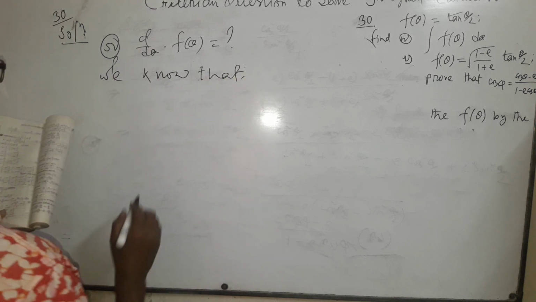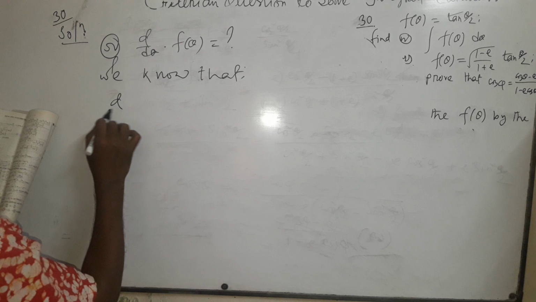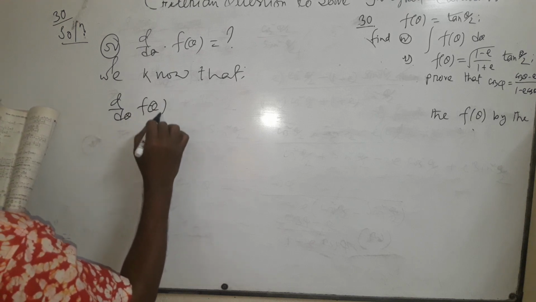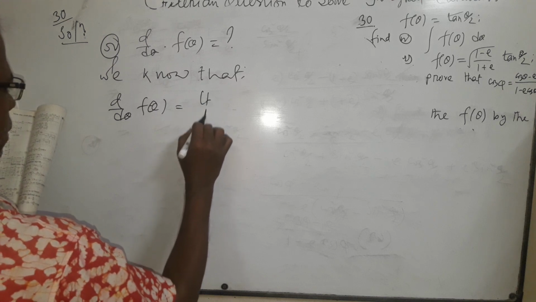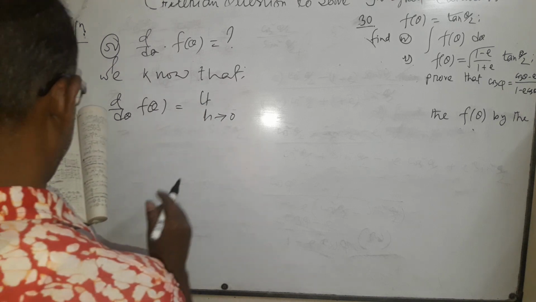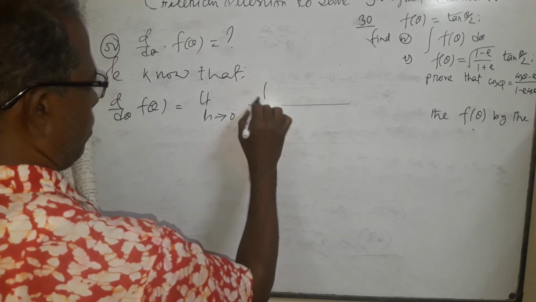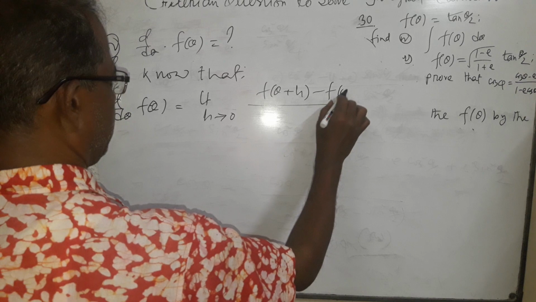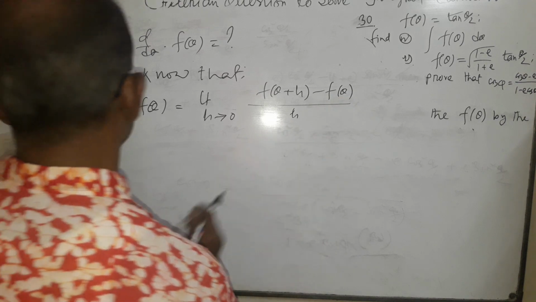We know that d by d theta f of theta is equal to limit h goes to 0 of f of theta plus h minus f of theta divided by h.